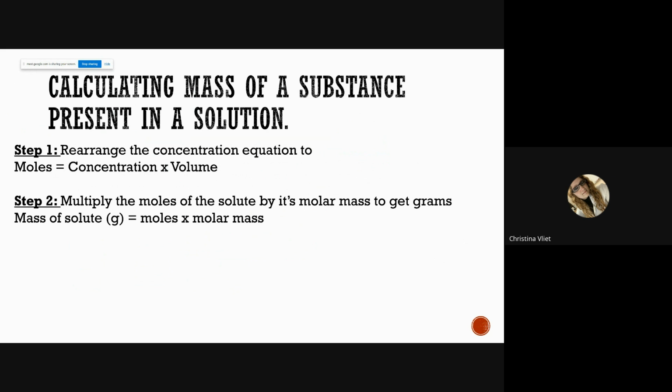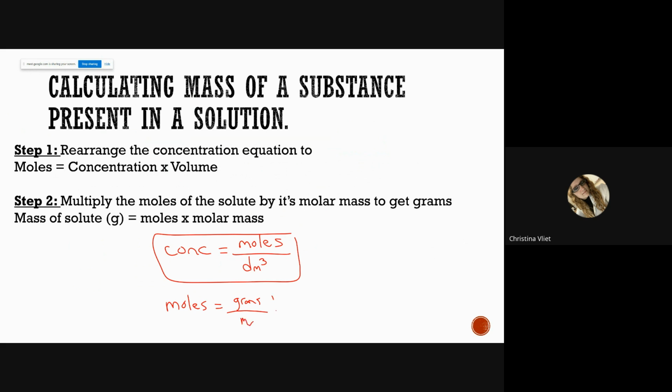How do we use the concentration equation? Concentration equals moles over decimeters cubed. Oftentimes, you're going to have to use this equation with the moles equation. Do you remember what the moles equation is? Moles equals grams over molar mass.